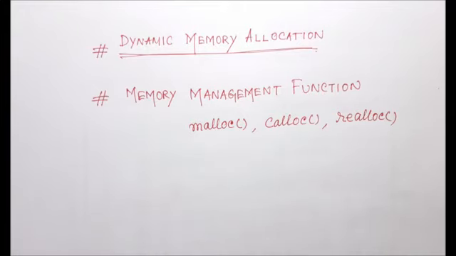There are so many advantages, mainly two important ones. First, dynamic memory allocation has an advantage over static allocation in that, in case of an array, suppose I declare an array whose size is 1000, but I am not using the whole array. For example, I just store 100 elements in my array.